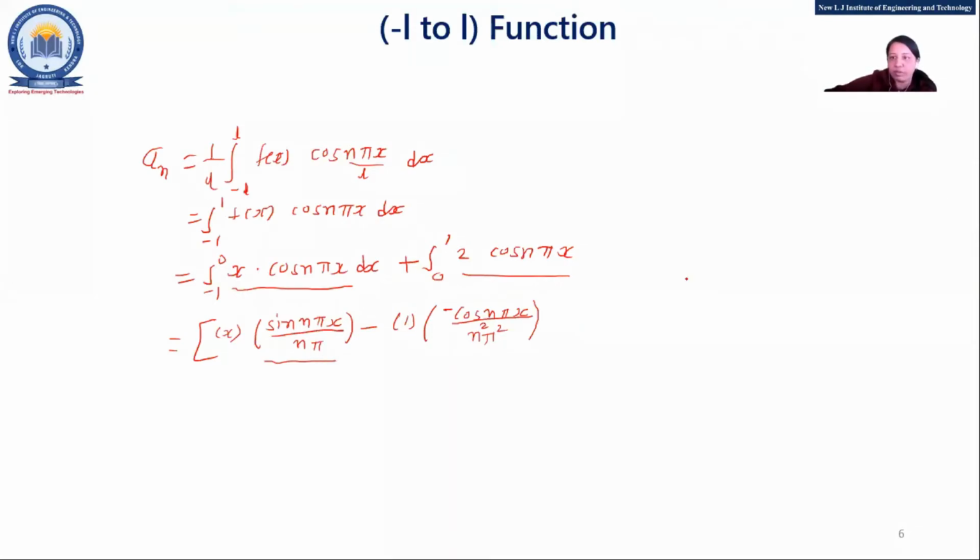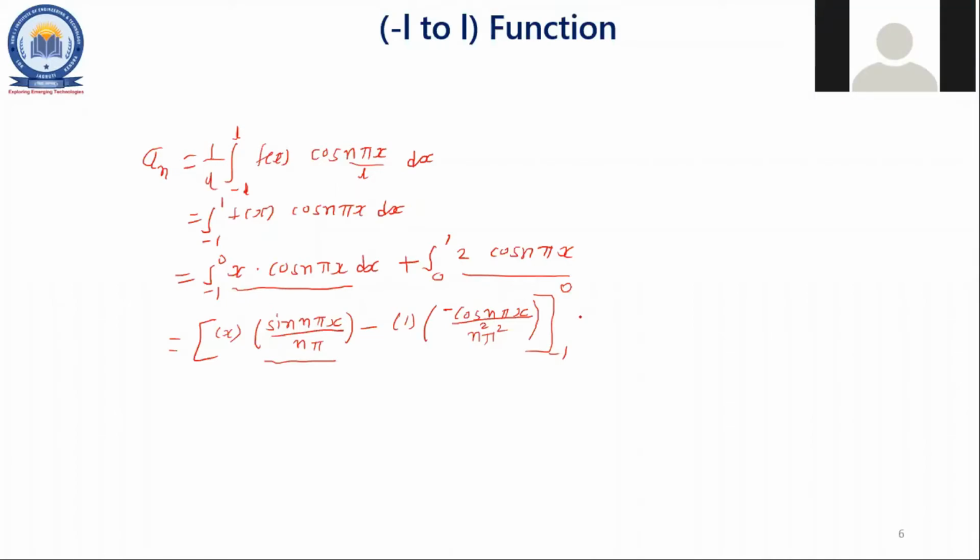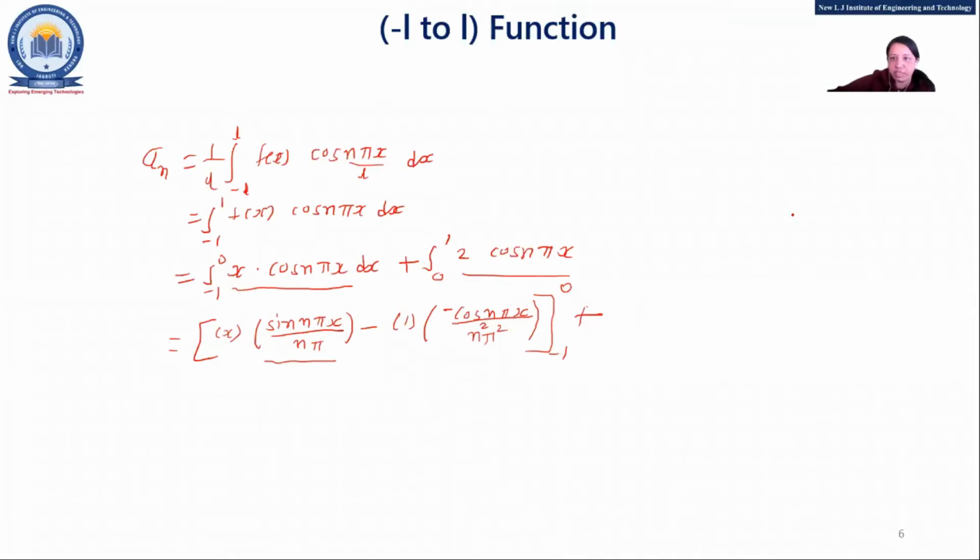Fine. The next term. Don't forget to put the limit, minus 1 to 0. Next term, who is supposed to be? Yeah, Niket. That is a simple one. I'll write plus. Niket, you can unmute yourself.